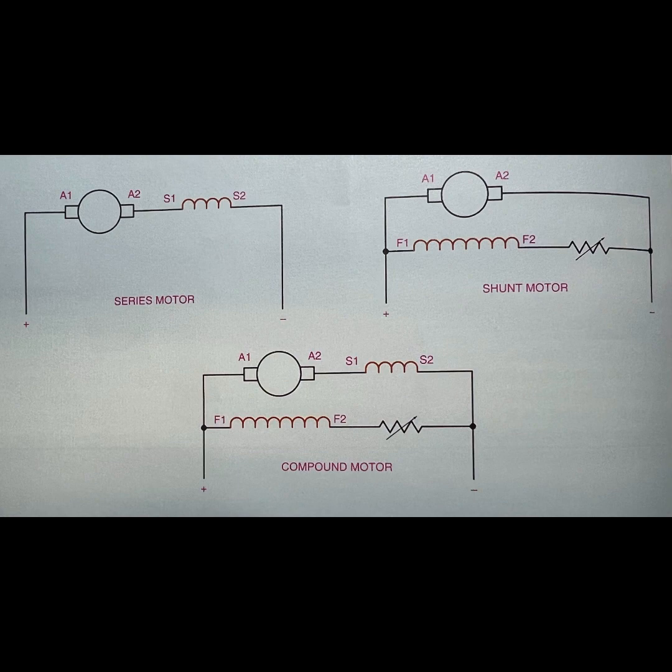Which brings us to speed control. The speed of a DC motor can be controlled by applying variable voltage to the armature or field.